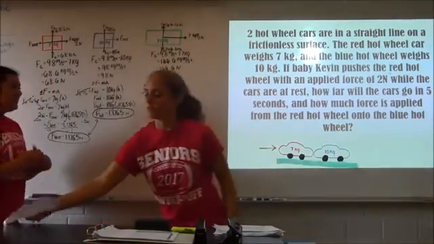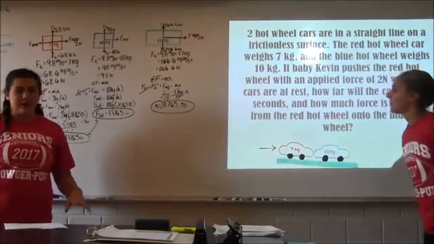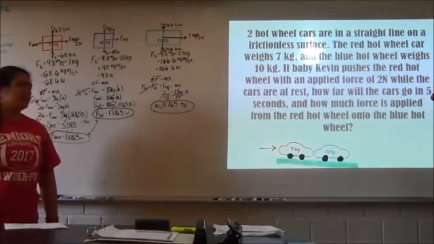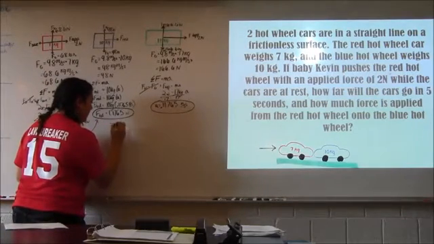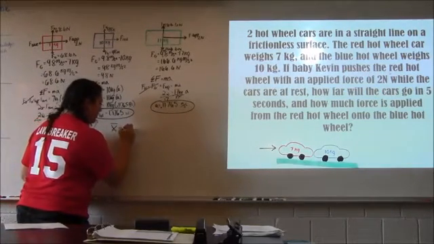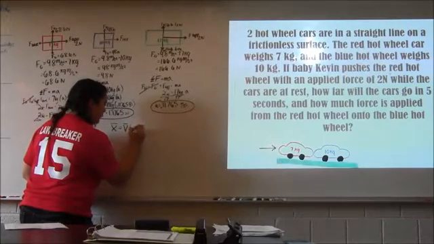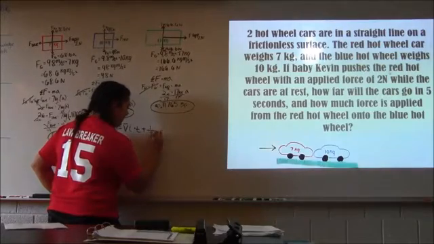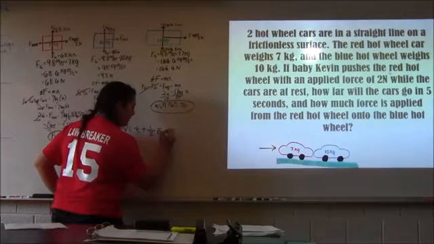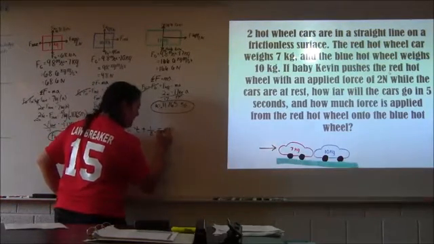Okay, so when we have to find how far it goes, we have to go back to our old displacement equation. Displacement equals the initial velocity times time plus 1/2 times the acceleration times time squared.